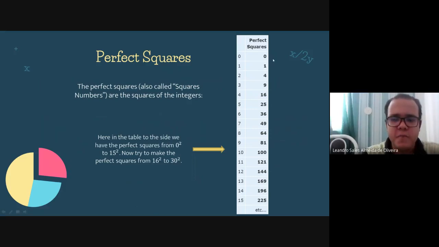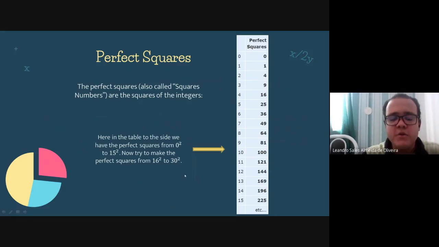Pay attention here. 0 squared is 0 times 0, is 0. 1 squared, 1 times 1, 1. 2 squared, 2 times 2, 4. 3 squared, 3 times 3, 9. 4 squared, 4 times 4, 16. 5 squared, 5 times 5, 25. And then we can continue, only multiplying the number by itself. All right?